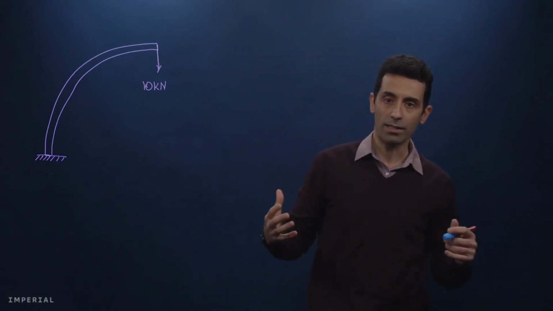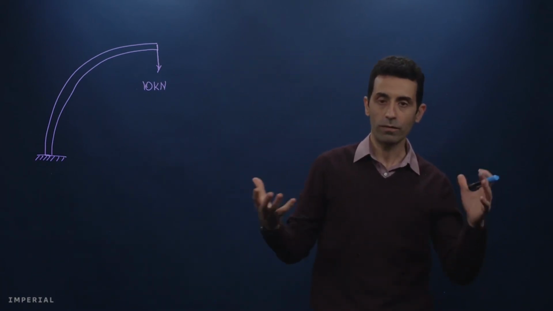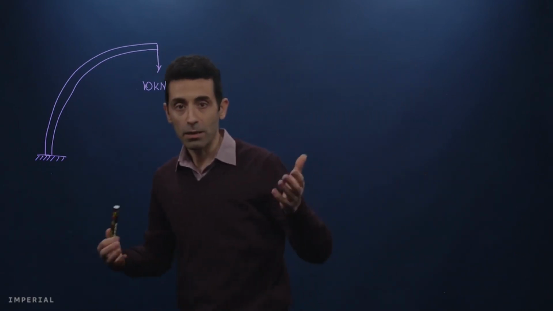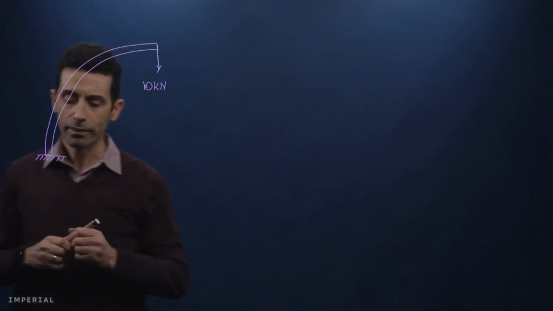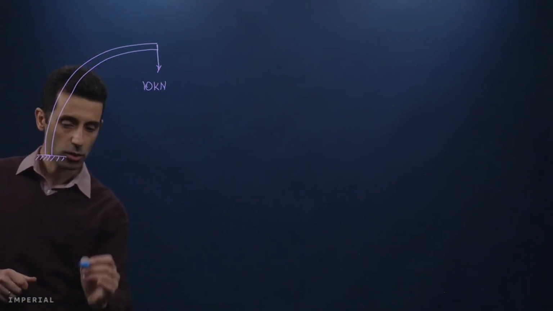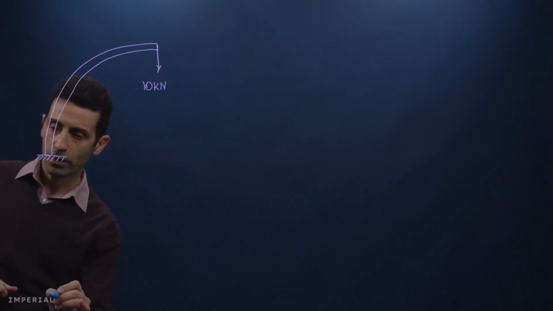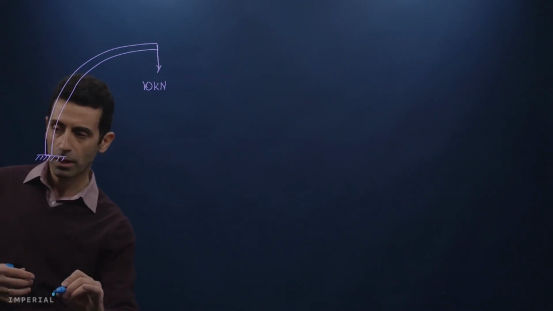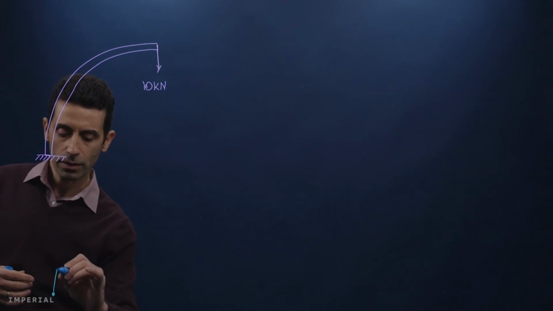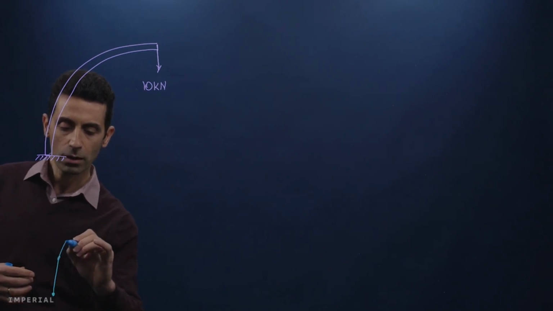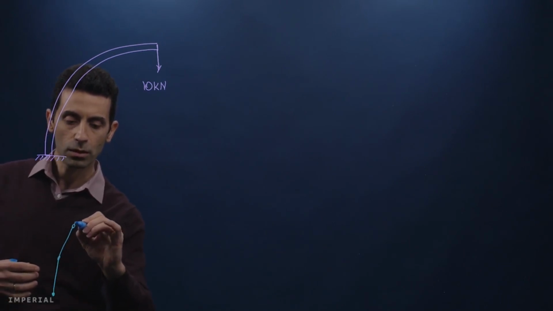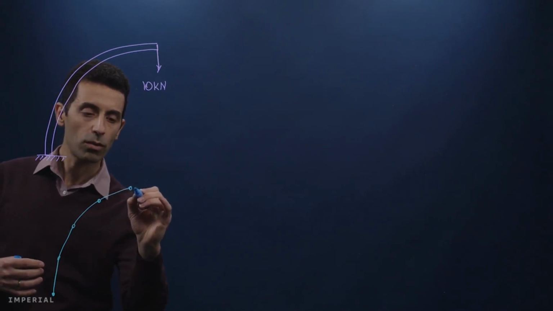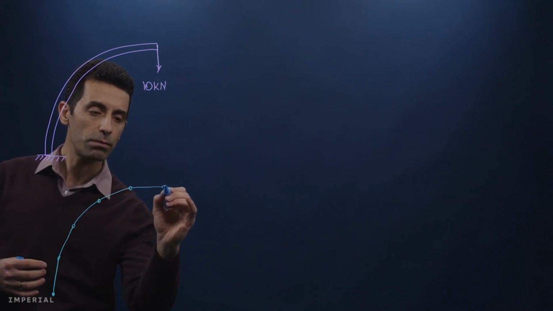Now we can analyze the deformation of this beam by using beam elements. So we can use beam elements to discretize the whole structure. If I draw the corresponding finite elements here, let's say we have beam number 1, beam number 2, beam number 3, beam number 4, and eventually beam number 5.